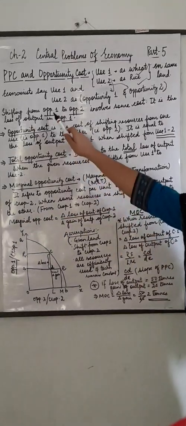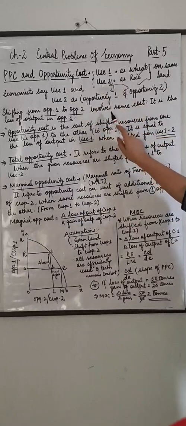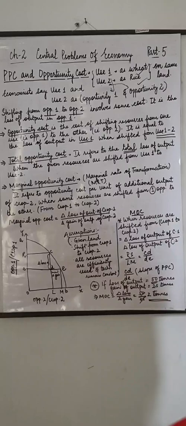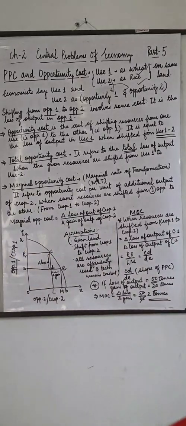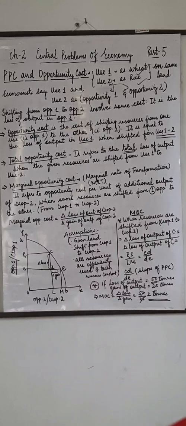Shifting from opportunity 1 to opportunity 2 involves some cost. I am running some business, for example, and if I have to start or modernize it, I have to put some investment in it.